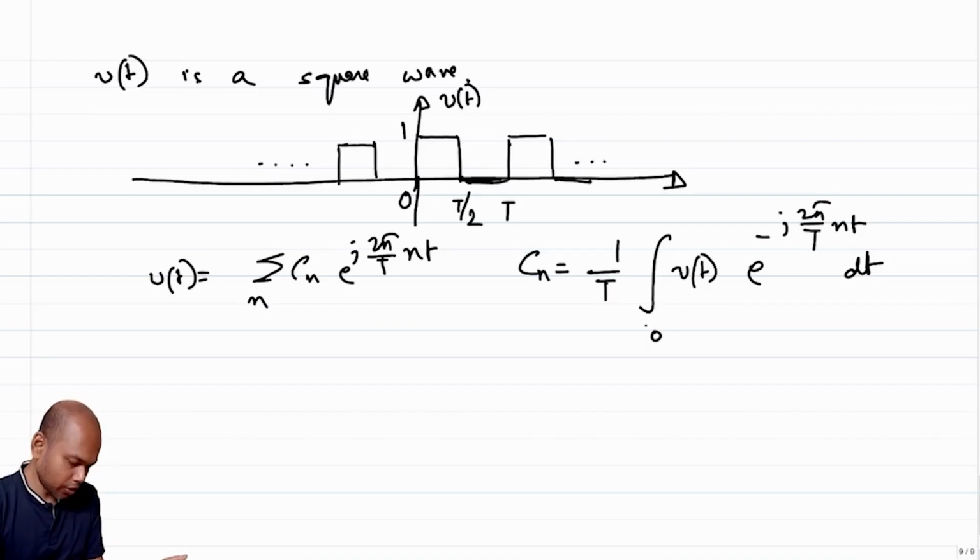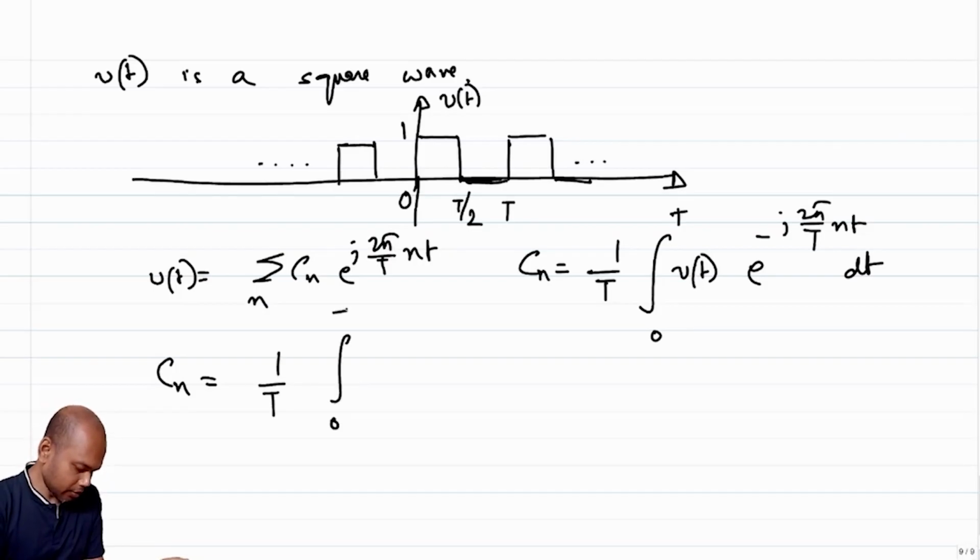Let me choose 0 to t. Between 0 and t by 2, V is 1 and the rest is 0, so I can take the integral between 0 and t by 2 of e to the power minus j 2 pi over t n t.